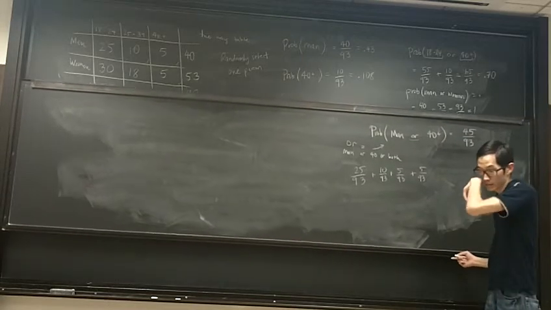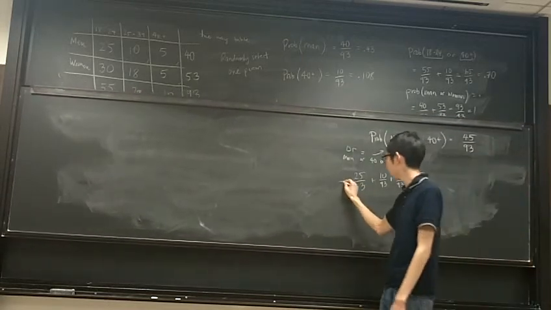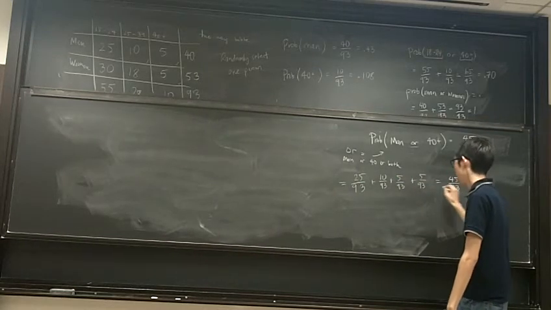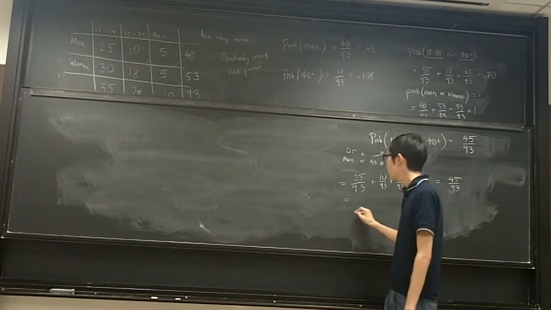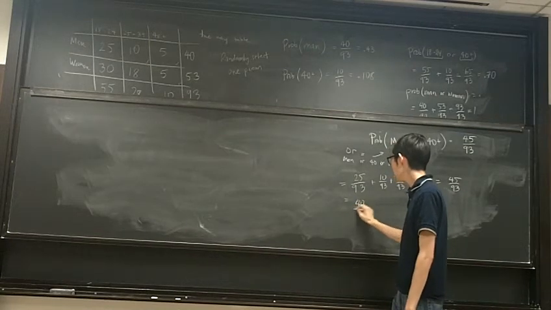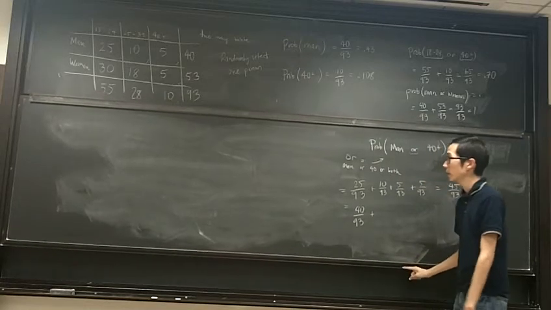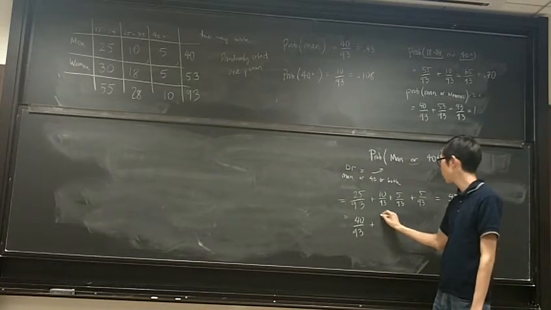Another way, and I hope you guys can follow me, so this is 45 over 93. Another way is I could say there are 40 men, 40 over 93 men, and then there are 10 people who are 40 plus.